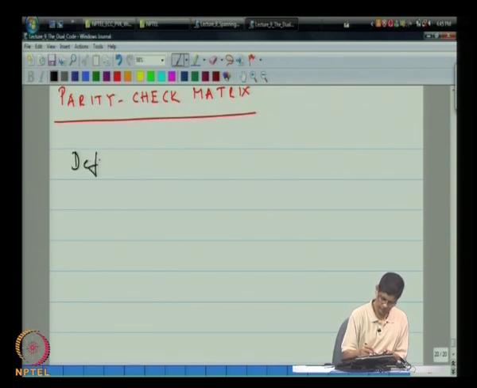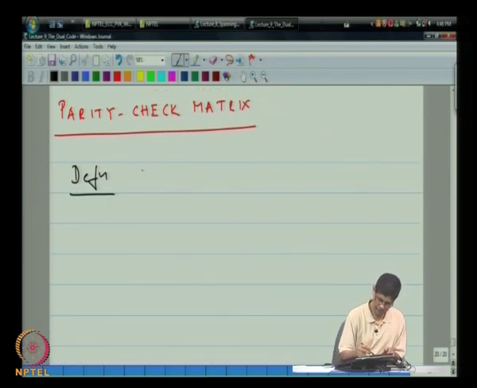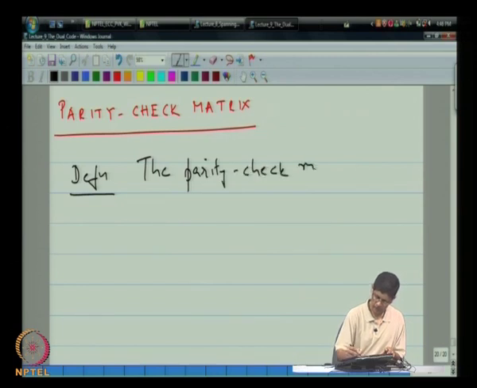Definition: a parity check matrix, or excuse me, let us say a parity check matrix, because again there can be many.